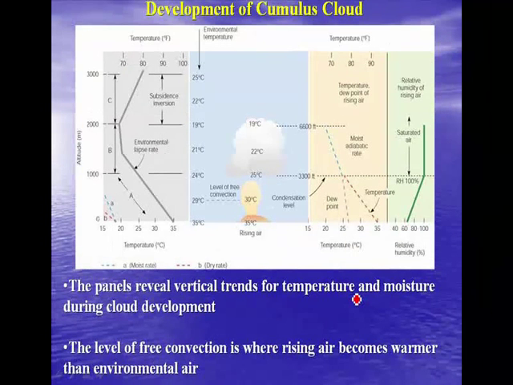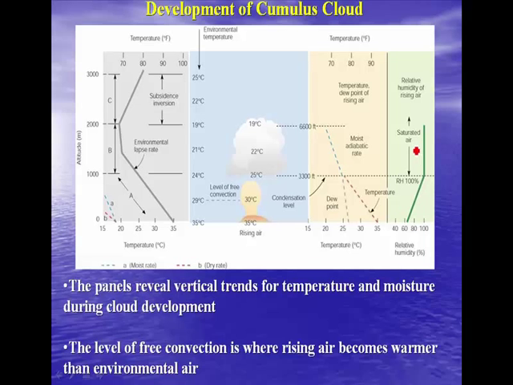Now, we won't spend a lot of time on this because we've already talked about this, but basically you've got temperature versus height in this graph here on the left, and then you have the rising bubble of air here, and then you have a temperature profile of the air parcel, the temperature as it cools dry adiabatically, and then the change in dew point, and then we have relative humidity increasing to 100% and then staying at 100%.